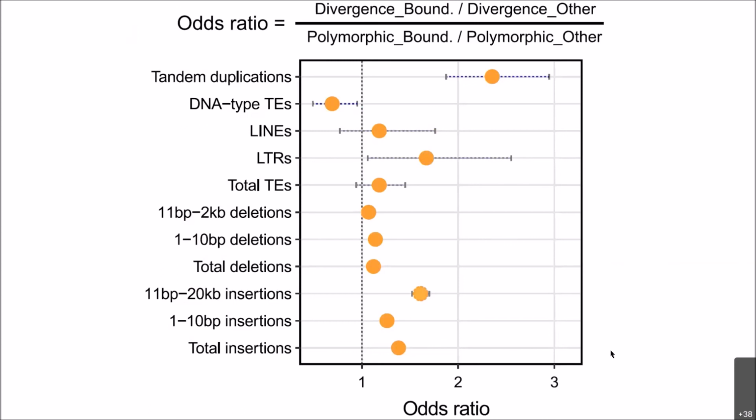But what we did is this odds ratio, and what we have on the top here is the divergence between, say, Drosophila melanogaster and Drosophila simulans in structural variation near TAD boundaries, versus the divergence far away from TAD boundaries, but not inside TADs. And we did the same thing with regard to polymorphism within Drosophila melanogaster.